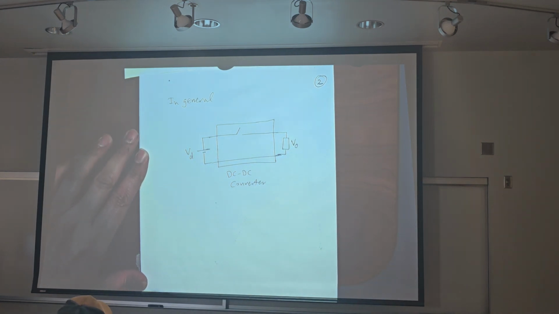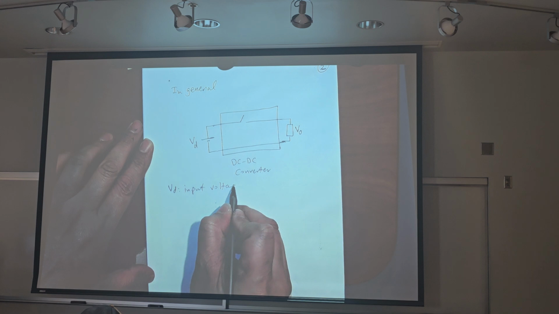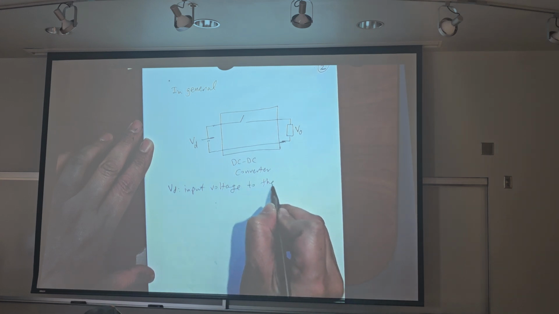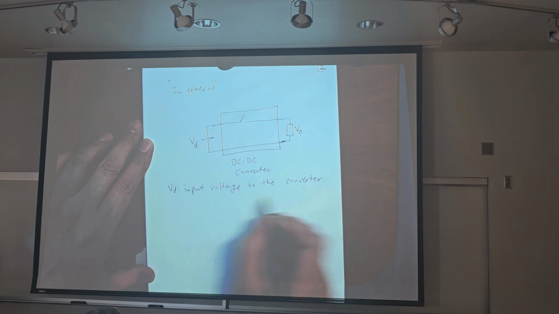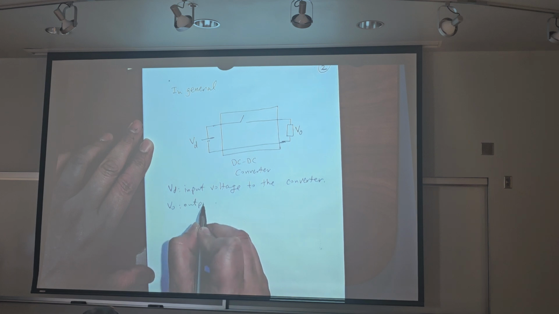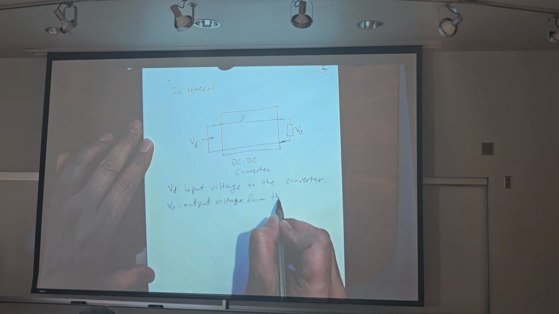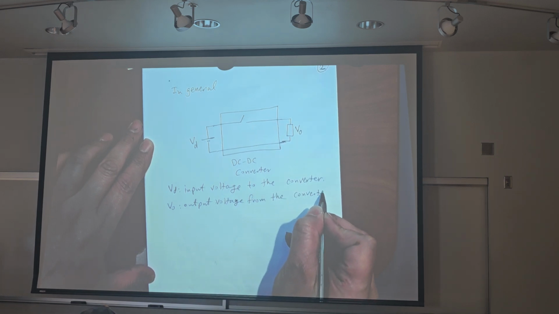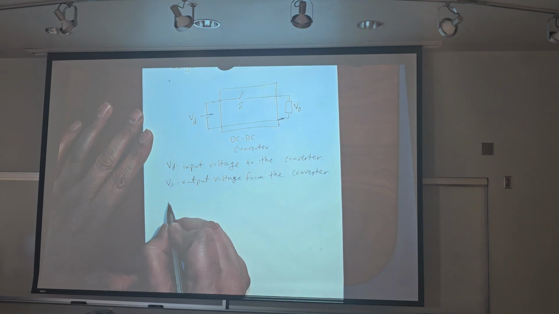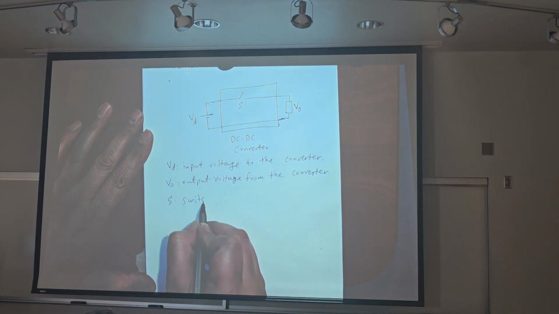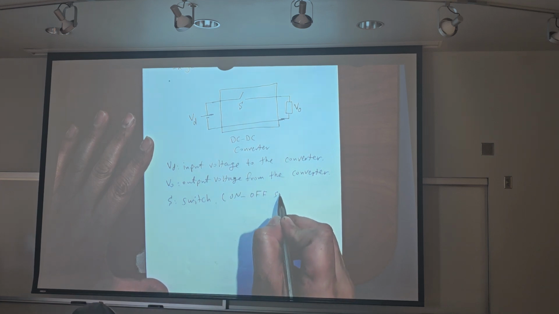V D is the input voltage to the converter, V out is the output voltage from the converter, and this is switch S, an on off switch.